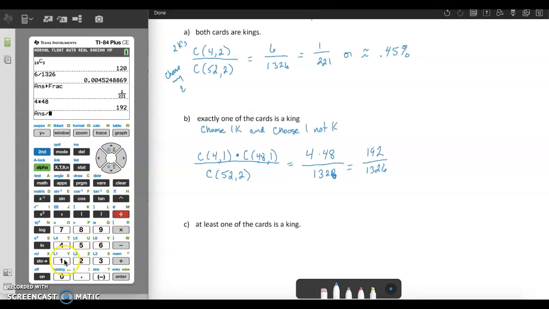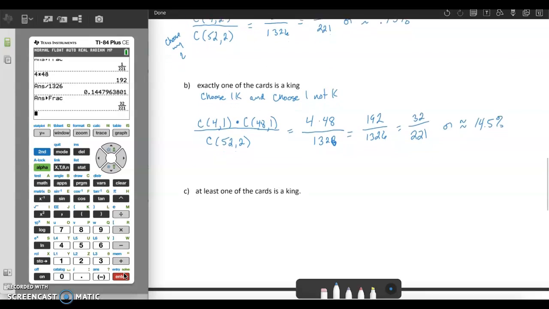And then I can divide that out. 192 divided by 1,326, I get my decimal answer, and then I'm going to do a conversion. Looks like that can be reduced to 32 out of 221, or it's approximately 14.5, I'm going to call it. So there's about a 14.5% chance that you choose exactly 1 king and something else.